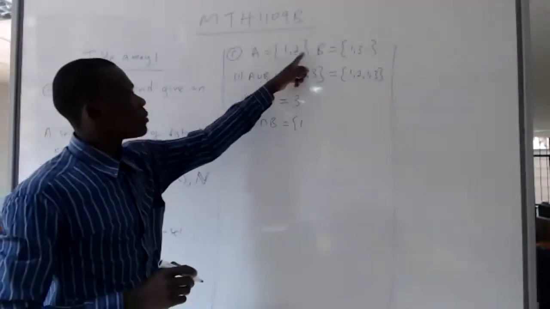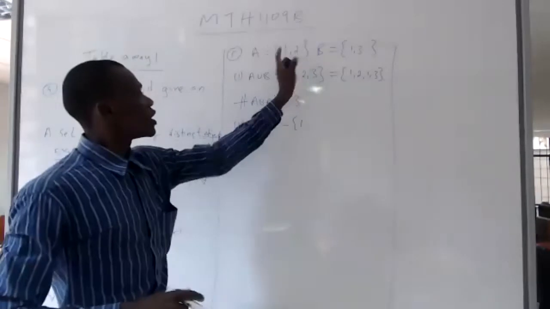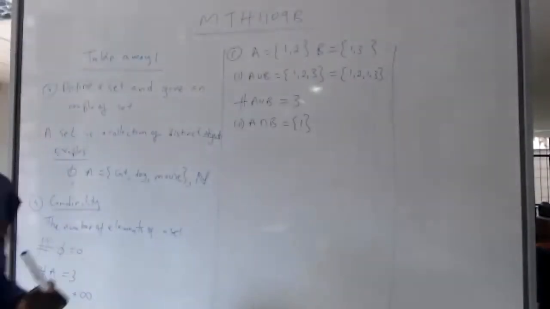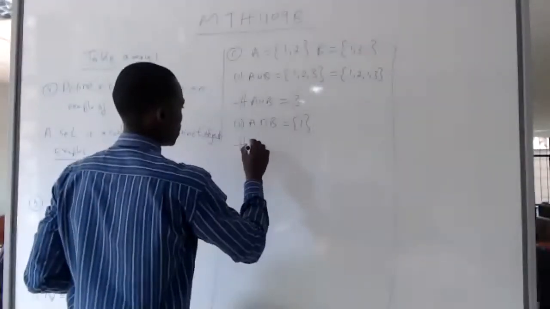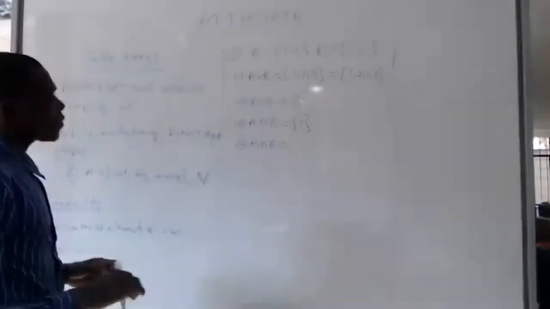The element 2 is in A but is not in B, so it's not in the intersection. 3 is in B but not in A, so not in the intersection. So we have the intersection having only one element, a singleton set. Therefore, the cardinality of A intersect B is 1.